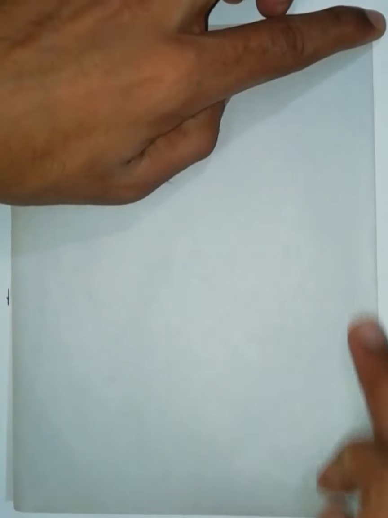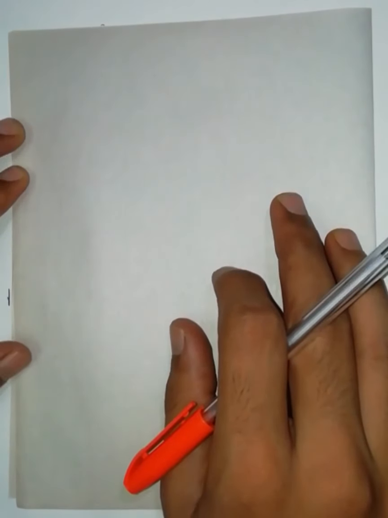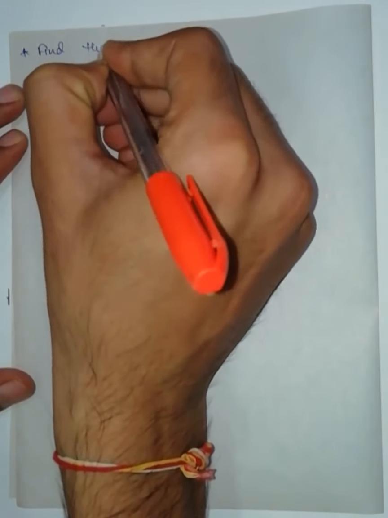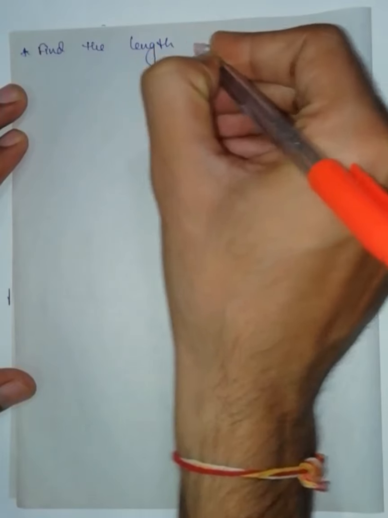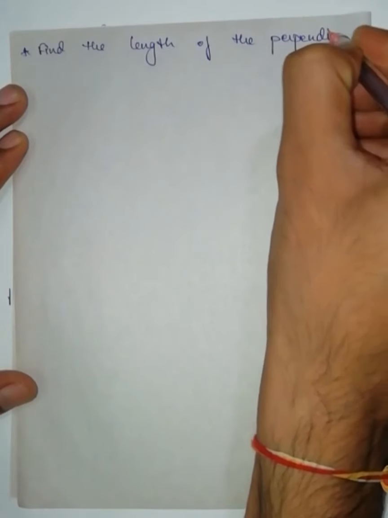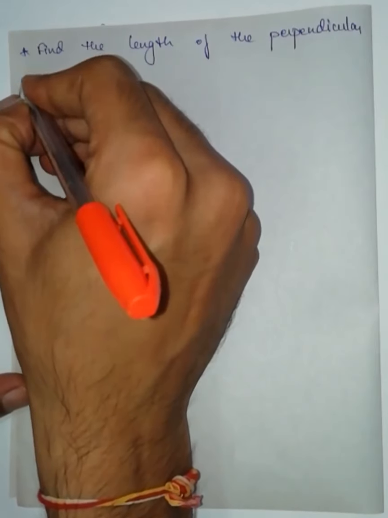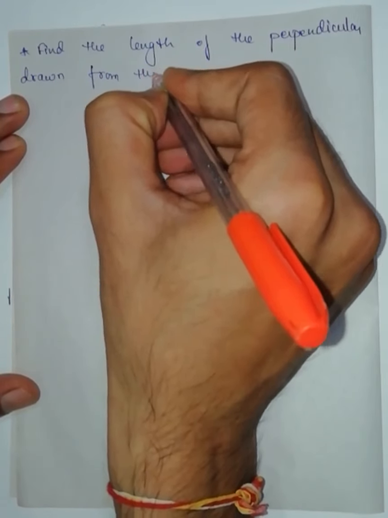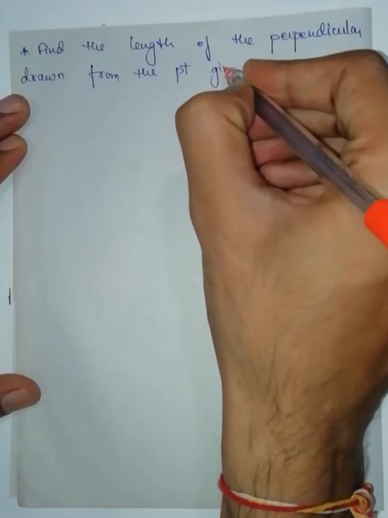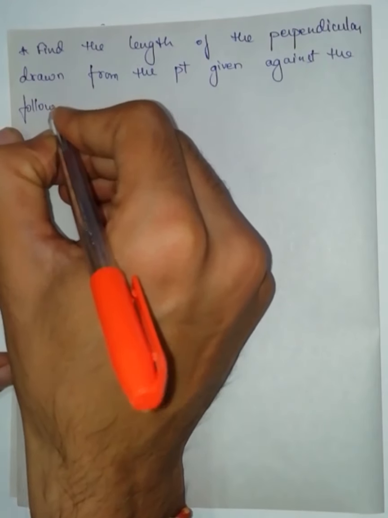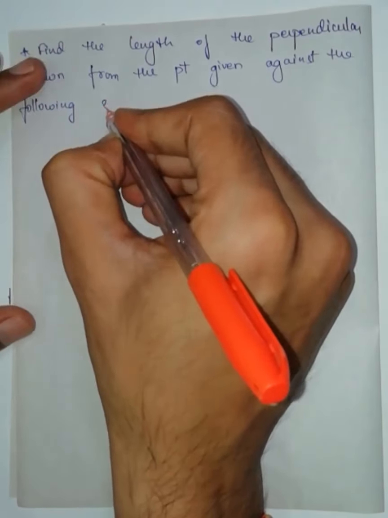Problem on the above formula. Find the length of the perpendicular drawn from the point given against the following straight lines.